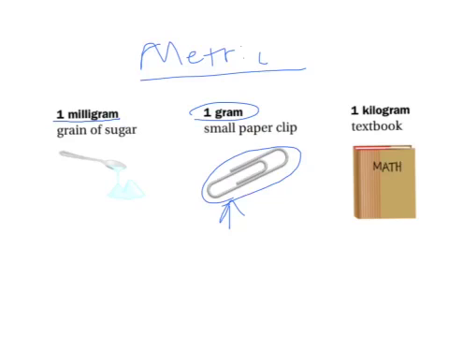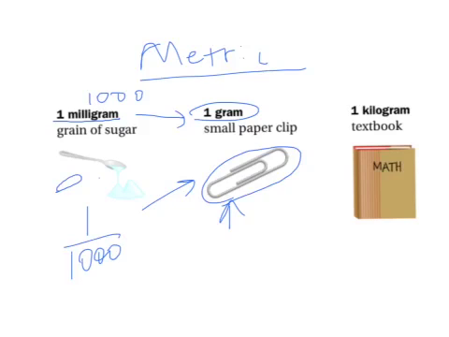It takes 1,000 milligrams to make 1 gram. So a milligram is equal to 1,000th of a gram. It's hardly anything. And you only measure things like how heavy a piece of medicine, like a little pill that you take, in milligrams.